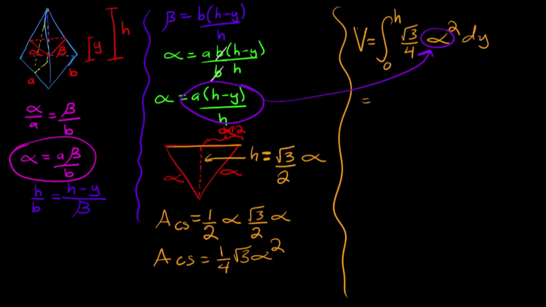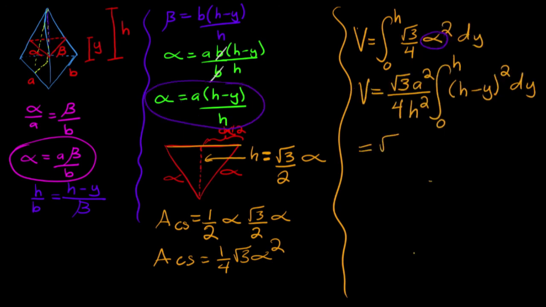So then I'm going to put the constants on the outside. Square root of 3 over 4, and then I have a squared over h squared, because all this stuff is squared. Then the integral from 0 to h of h minus y squared dy.